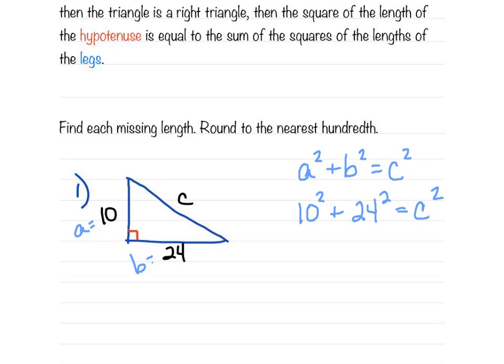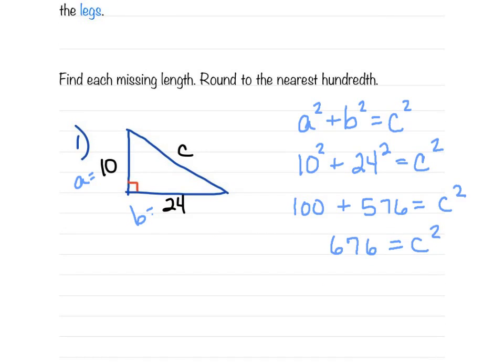So 10 squared is 100, plus 24 squared, which is 576, equals c squared. Now, 100 plus 576 is 676 equals c squared. Then you will go ahead and find the square root of both sides.